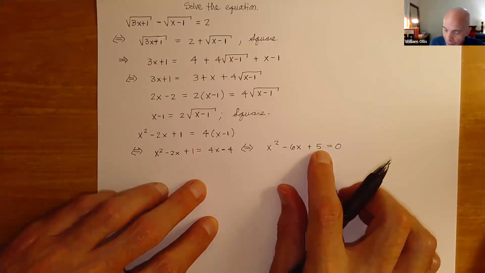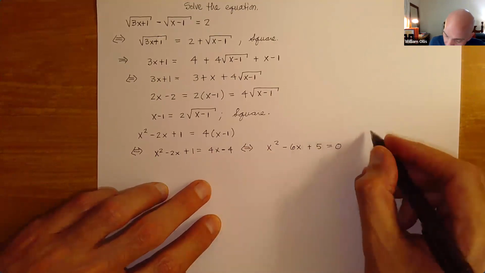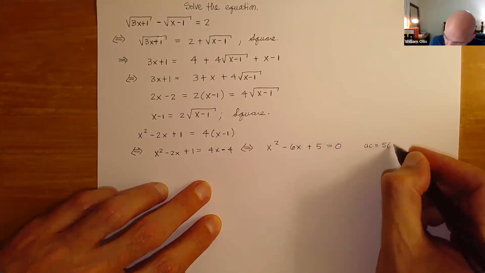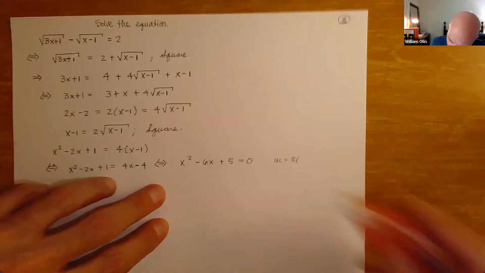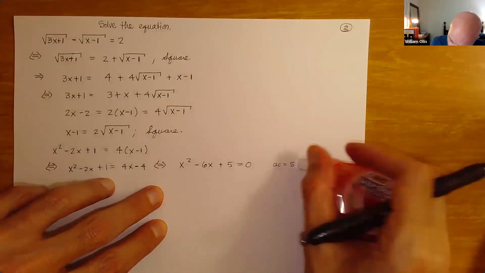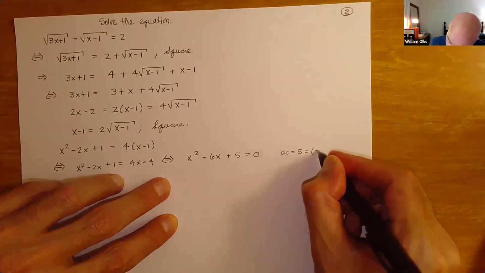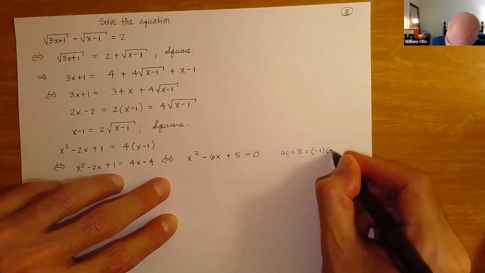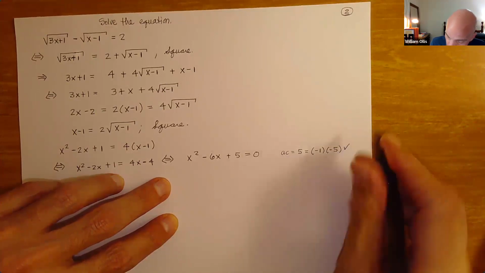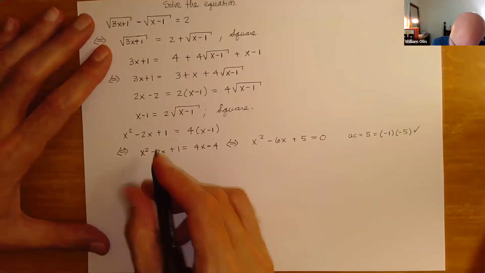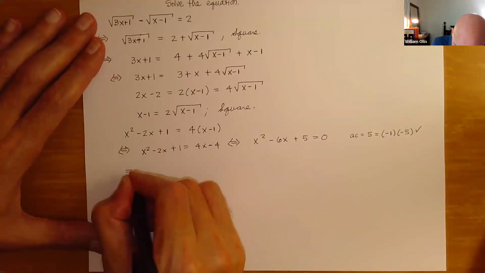Of course, now 5, AC is just 5, but we can write 5 as what? Well, let me not put the parenthesis too soon. We'll just write this as negative 1 times a negative 5. And of course, the sum of those two numbers is the coefficient of the x term. So when it's easy, it's truly easy. But that's good.